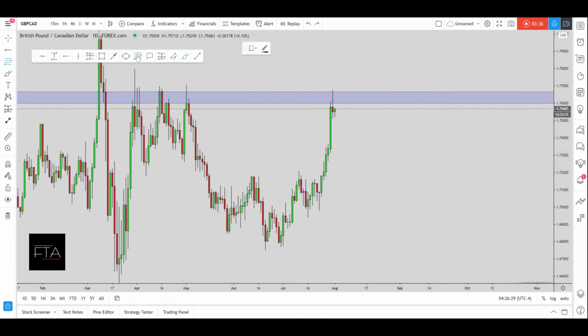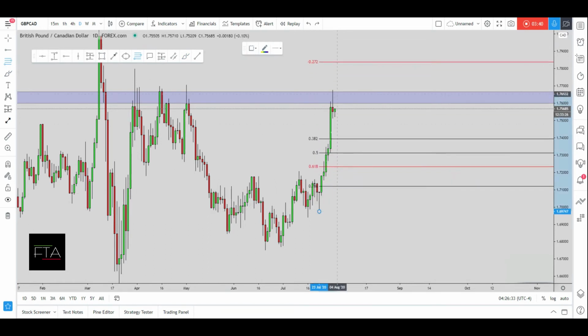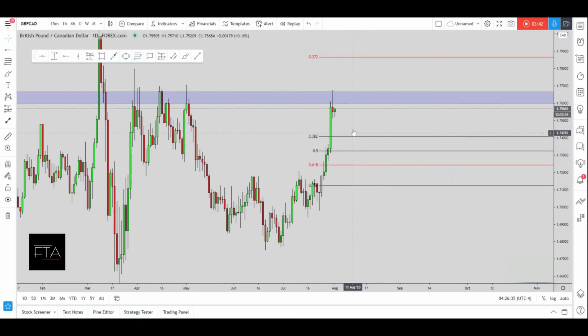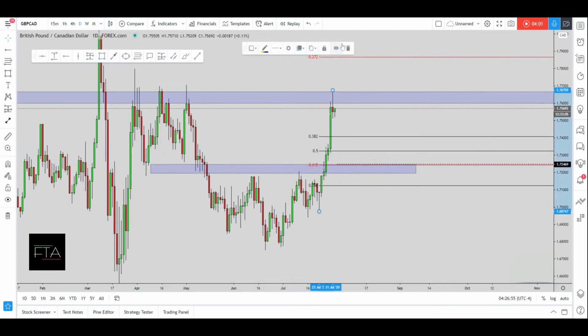Now, let's first identify a target. If we want to measure the target, what we have to do is take our Fibonacci on the impulse, and we will have our first target to the downside at 0.382, which in this case is more or less in the middle of nowhere, a second target at the 50%, and a third target at the 0.618, which is the target that makes the most sense, because it is the one aligning the best with structure.